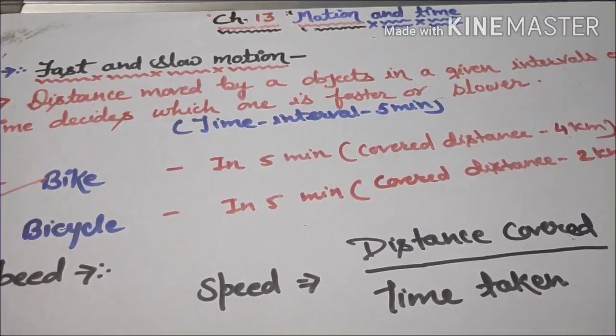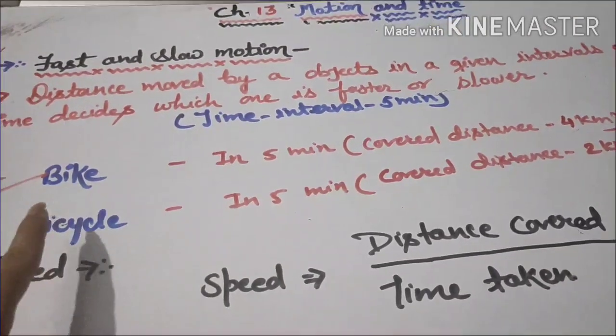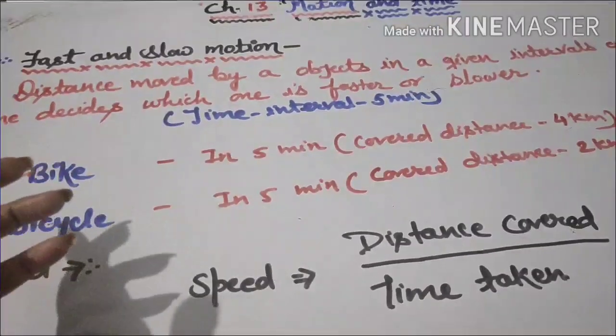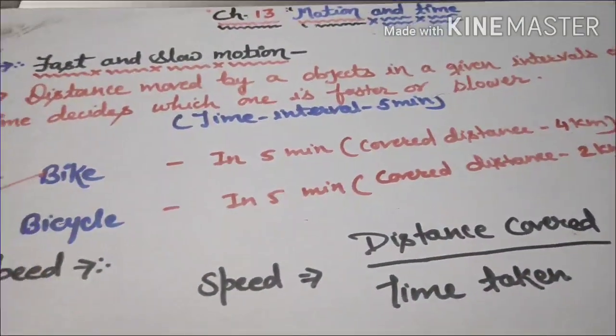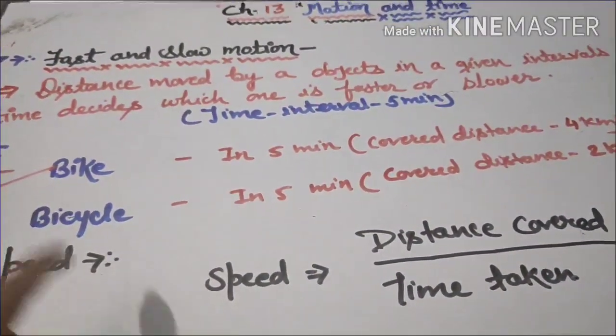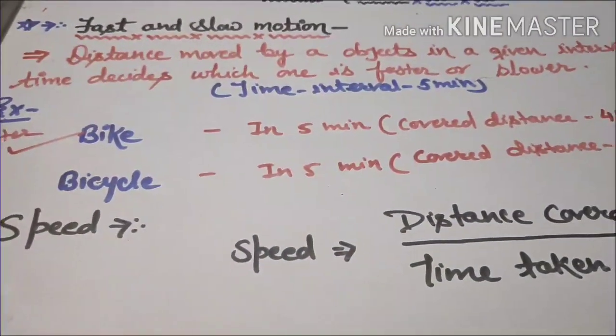Now what we see is in 5 minutes this bike could cover a distance of around 4 kilometer, and within the same duration this bicycle covered a distance of 2 kilometer.